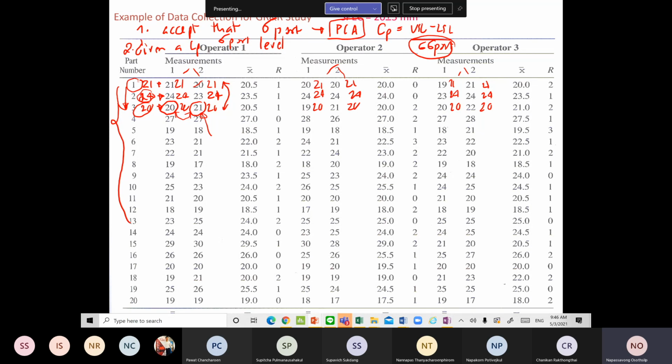But if the variation is small, we want our measurement system to tell that it's small. So the reality, sigma of the part, can be large or small or medium, whatsoever, but we want the measurement system to tell us the truth. That is what we have to set our mind on, and to tell whether the variation of the measurement system is good or small or not.